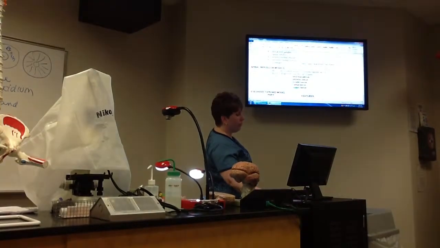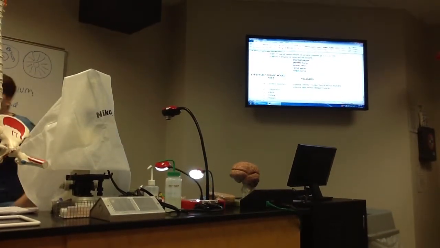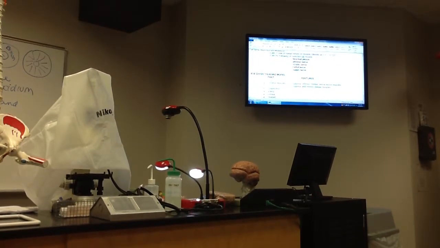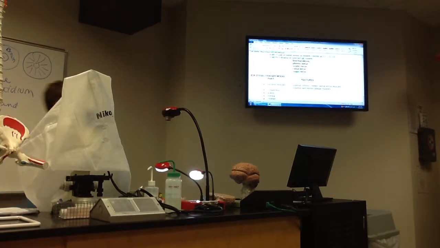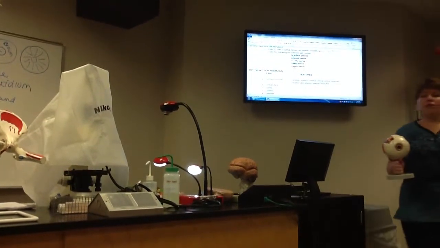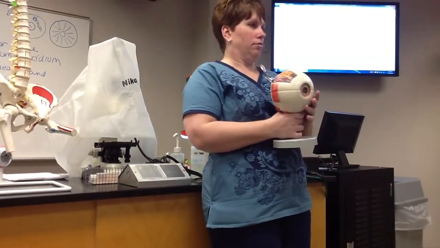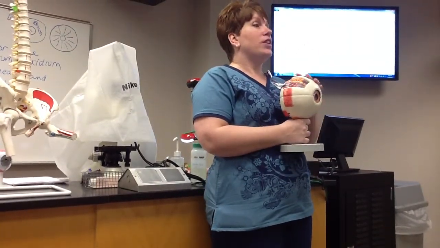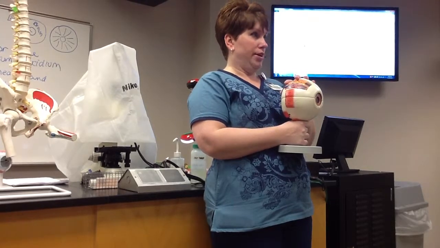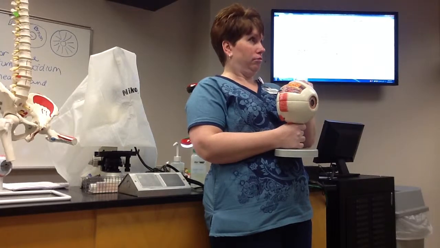Now, they can't really ask you extrinsic eye muscles on the dissection because half of them have them cut off and you can't tell what's what. You are going to see this eyeball, that exact model.